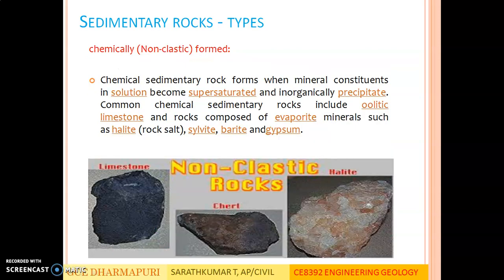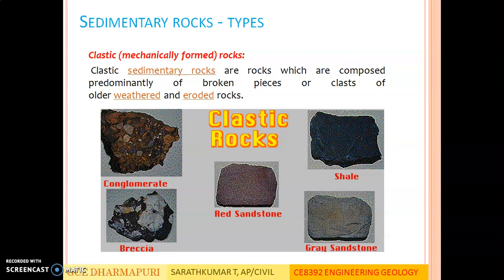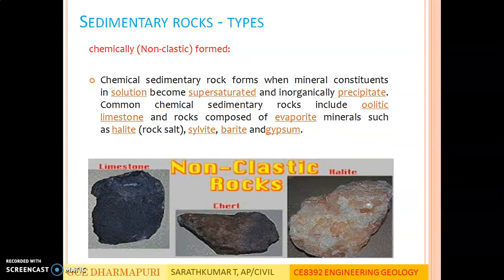The second type is non-clastic rocks. The previous clastic type of rocks generally form when there is physical weathering, whereas non-clastic rocks form when the weathering is of chemical nature. Chemical sedimentary rocks form when mineral constituents in solution become supersaturated and inorganically precipitate.